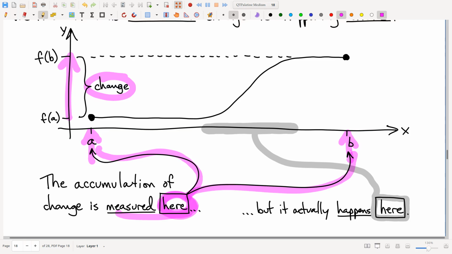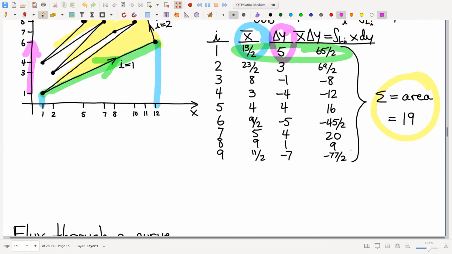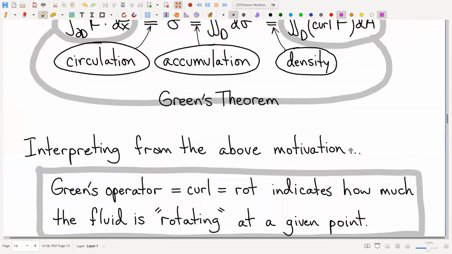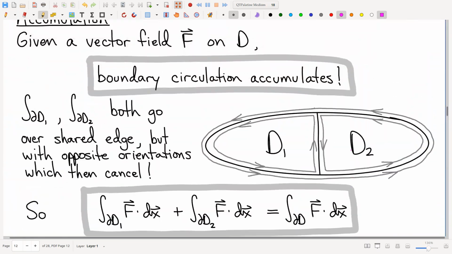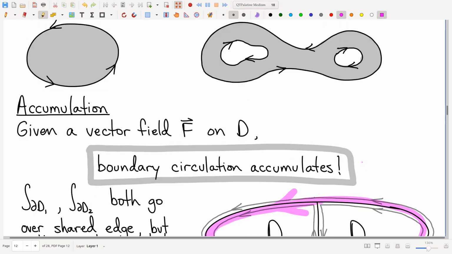Okay. Let me go back to the circulation theorem, Green's theorem. How do we compute circulation? Well, we compute circulation on the boundary. Now, I made a big ask of y'all several pages prior.